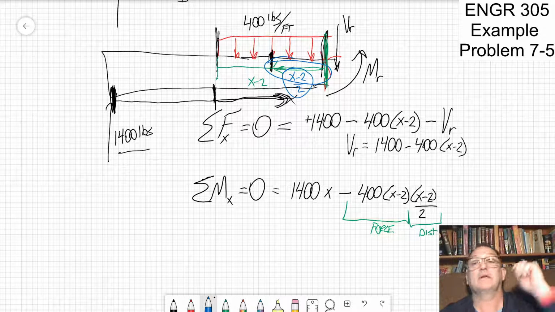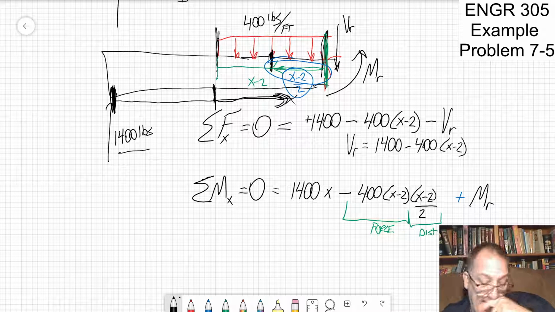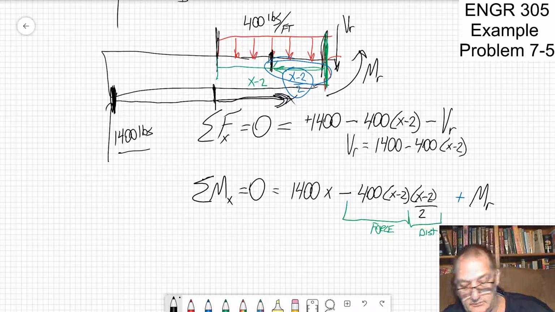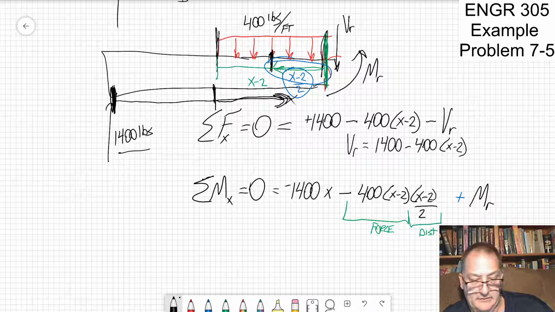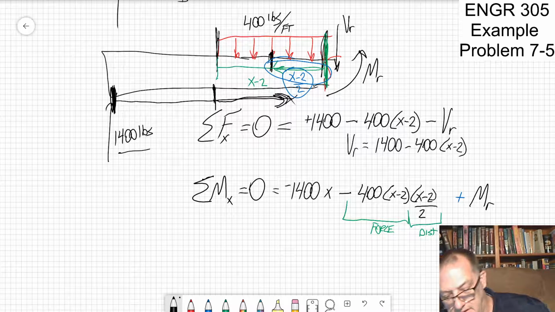Now, do I have anything else to add? Yes, I do. I still have plus this reaction moment at the end, that dummy moment that I add at the end to figure out what that is. And so then, sorry, I can already see it. That's supposed to be a negative, and this is supposed to be a positive, right?